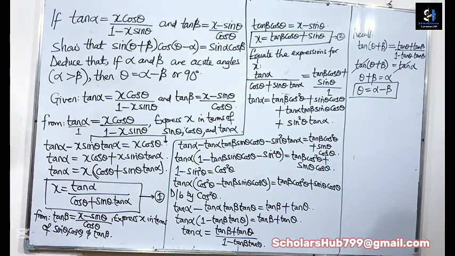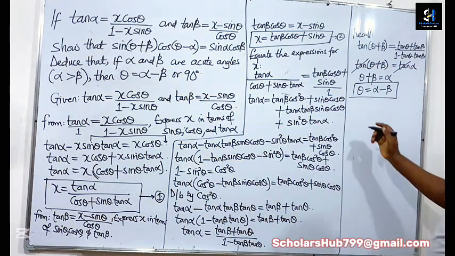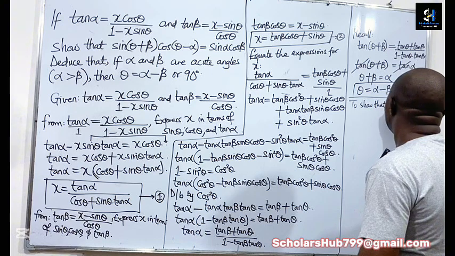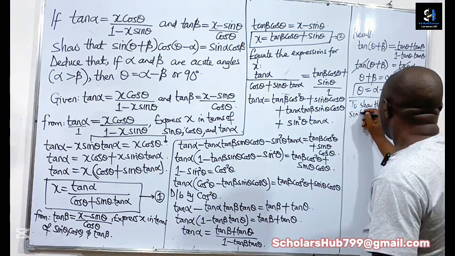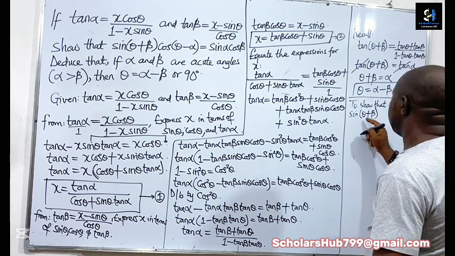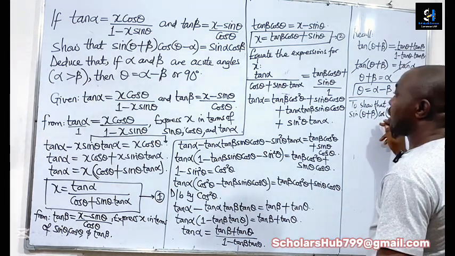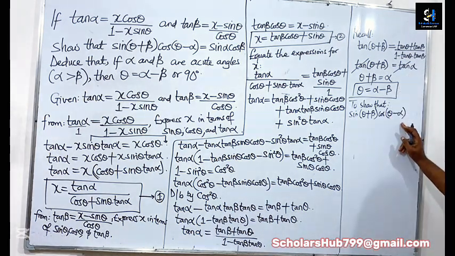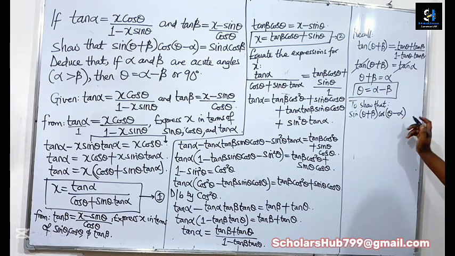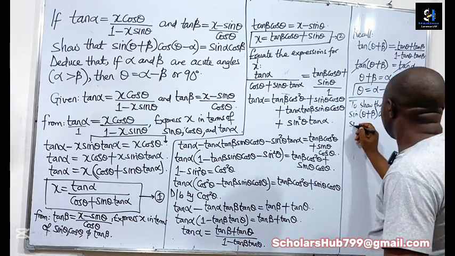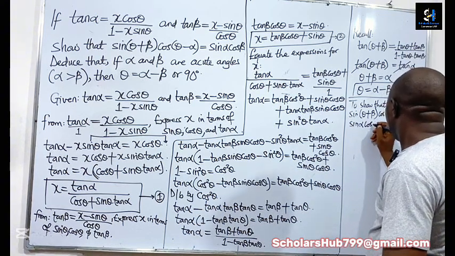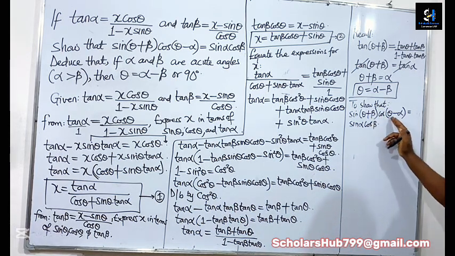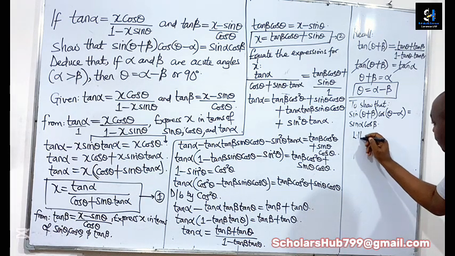Now, the next thing to do is to show that the product of these two identities is equals to the product of sin alpha cos beta. So to show that sine of the sum of theta and beta multiplied by cos of the difference between theta and alpha is equals to sin alpha cos beta, I'm going to start with the left hand side.